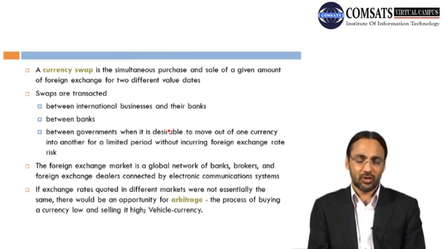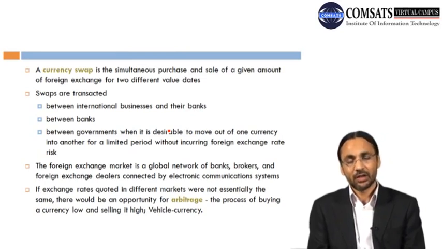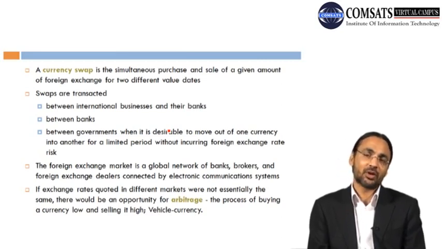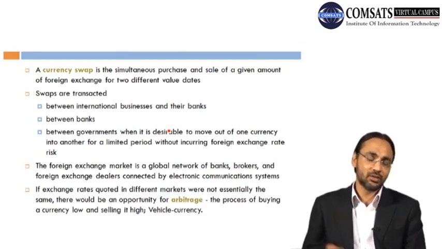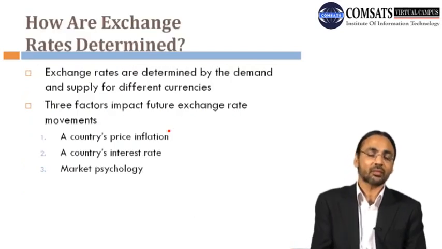This is called arbitrage. The last important point we discussed is that the US dollar is used as the vehicle currency, because 87% of all currency transactions in the world are done in US dollars.